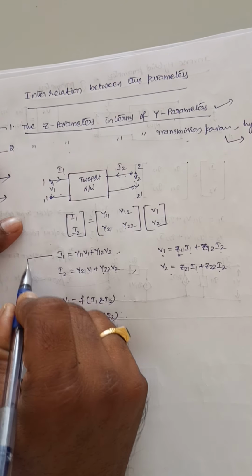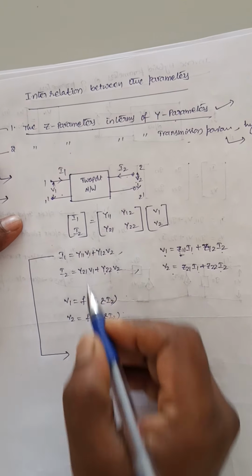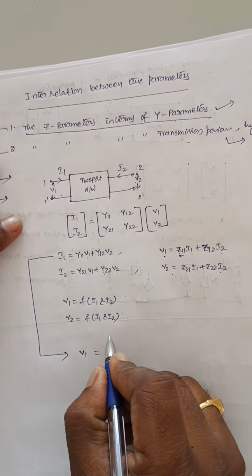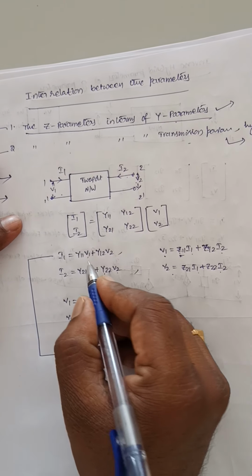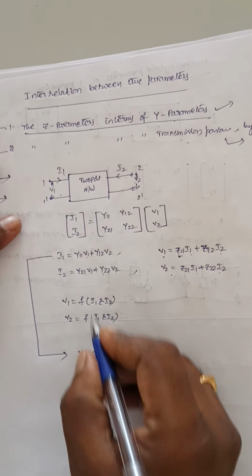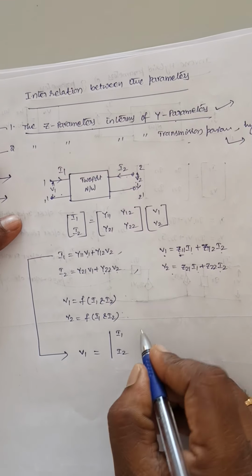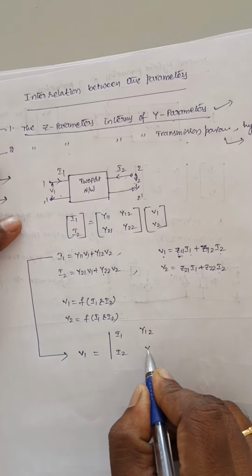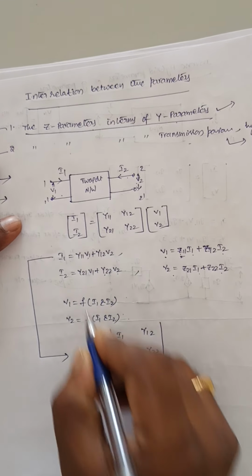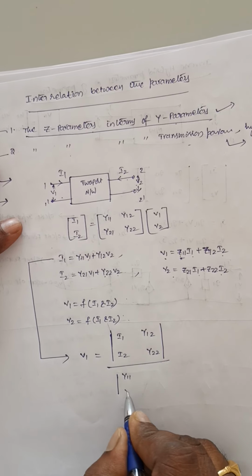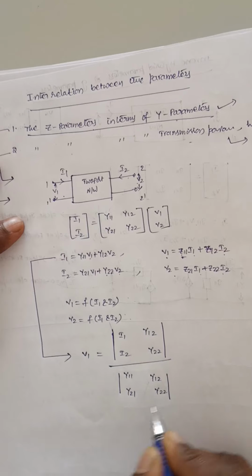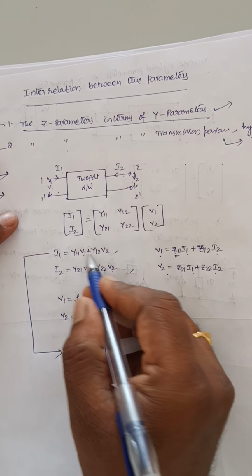Here you see, from this equation, if I want to find out this V1, this is the formula. V1 is the determinant of I1, I2 in the first column, Y12, Y22 in the second column, divided by the determinant of Y11, Y21, Y12, Y22. So this is the formula for finding this V1 from these equations.